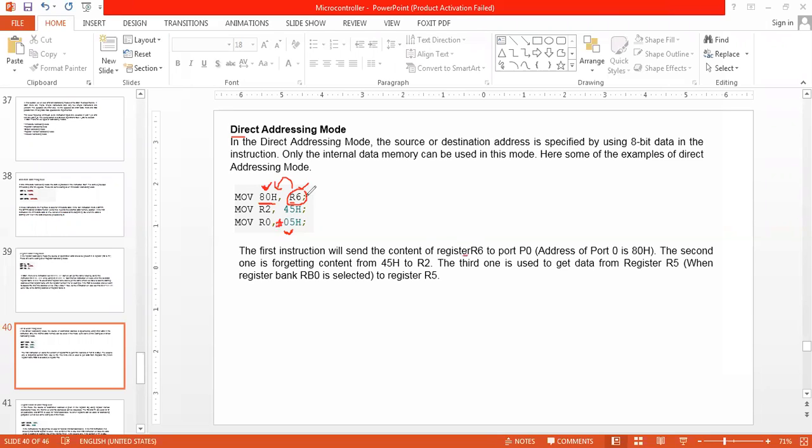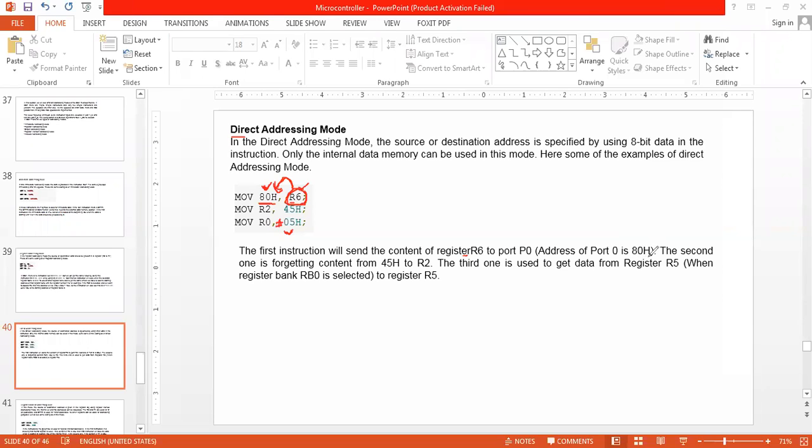So here what will happen? Whatever the value of R6 is, that data is going to be stored into the 80H memory location. Basically 80H is there in 8051 because we have an extra 128 bytes of RAM where only special registers can be accessed.